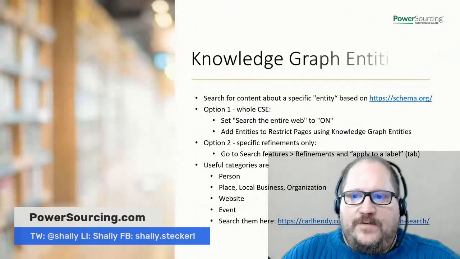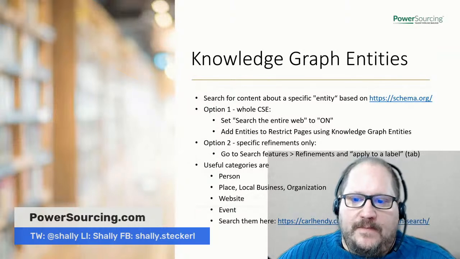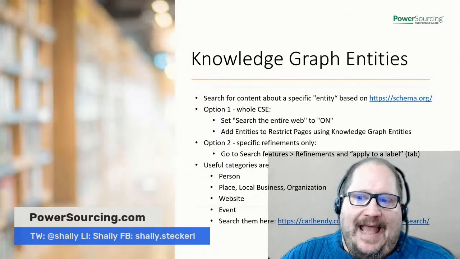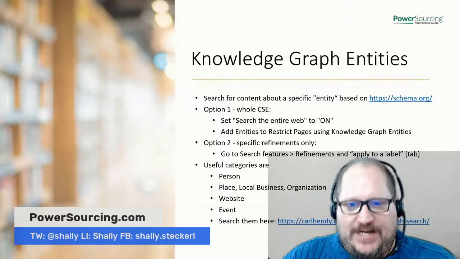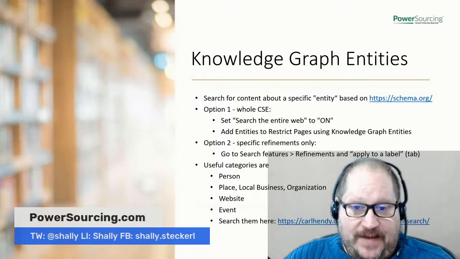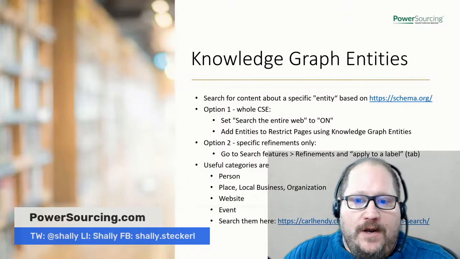Inside of your custom search engine, there are 2 ways that you can add restrictions to your search without having to get very specific on, say, the websites that you want to search or search strings that you have constructed.